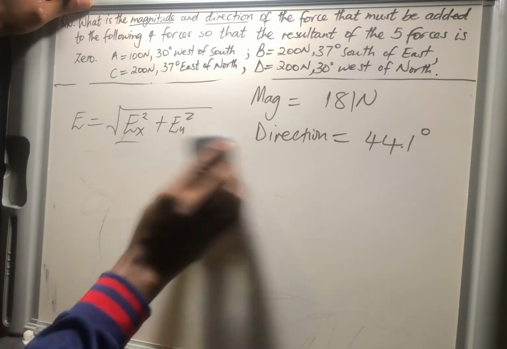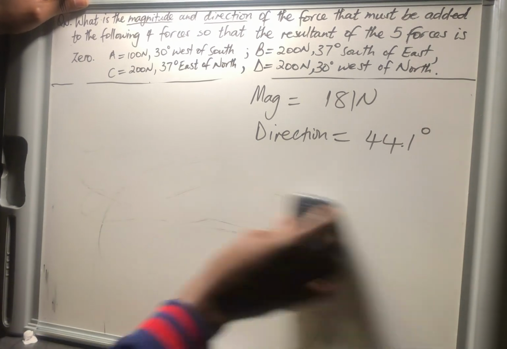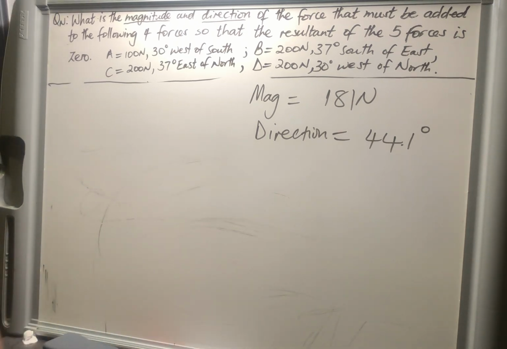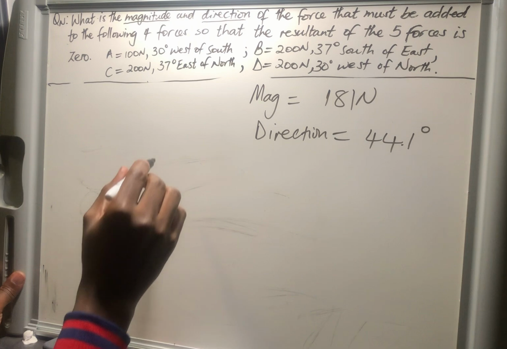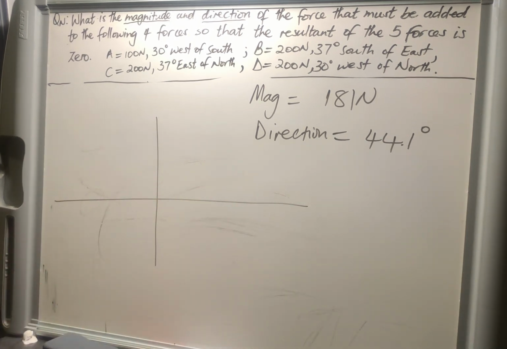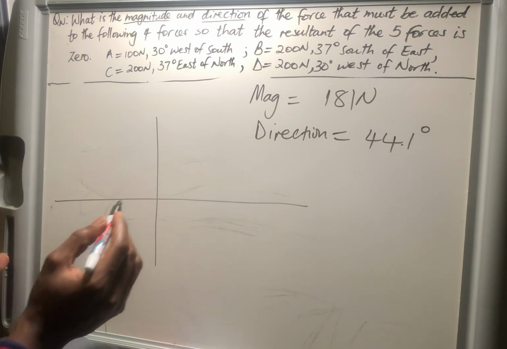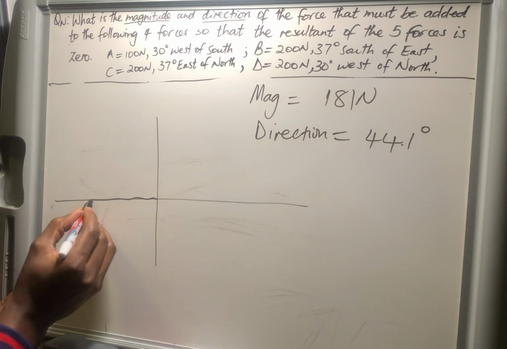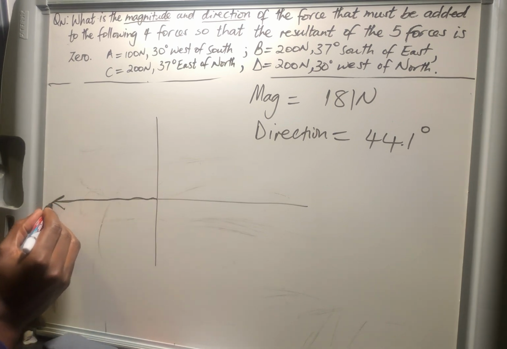If you are that kind of a person who wants to explore and give detail to everything, what you have seen is a Cartesian plane like this, whereby your Ex was negative 130, which means Ex is the force in the x-axis, in this direction here.